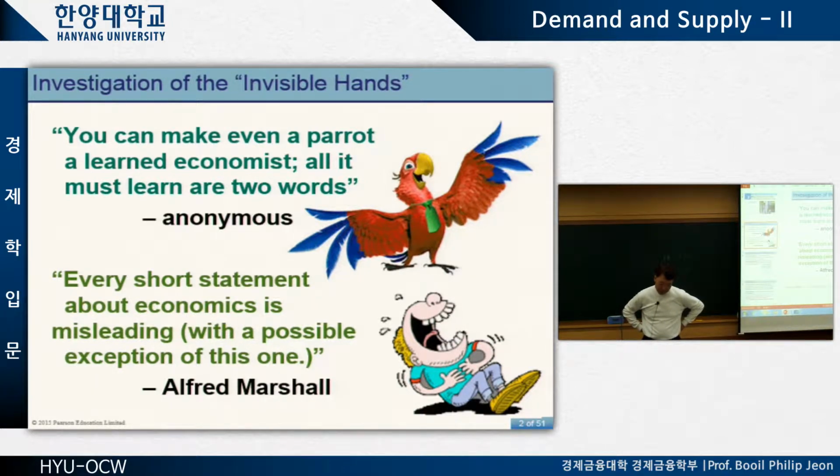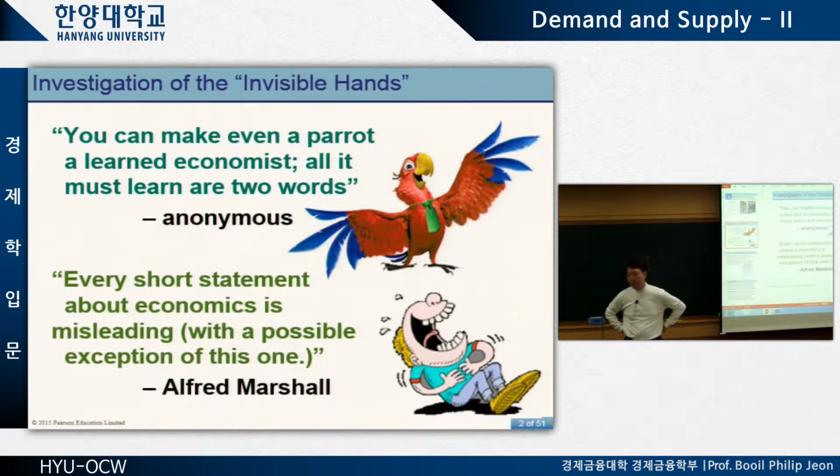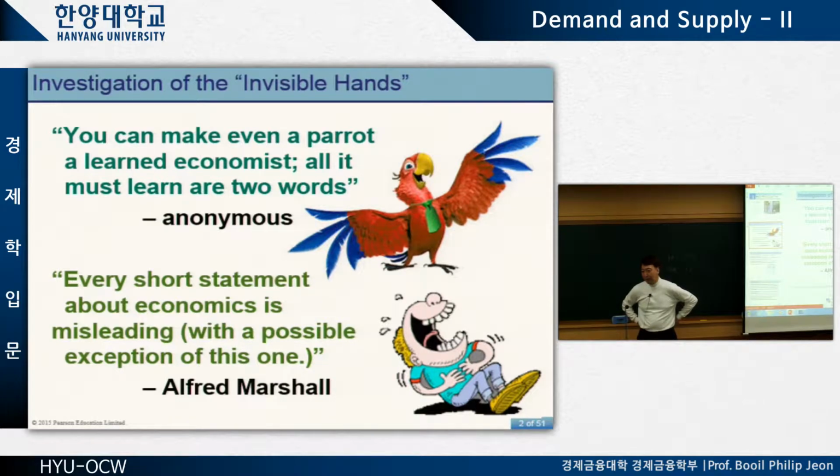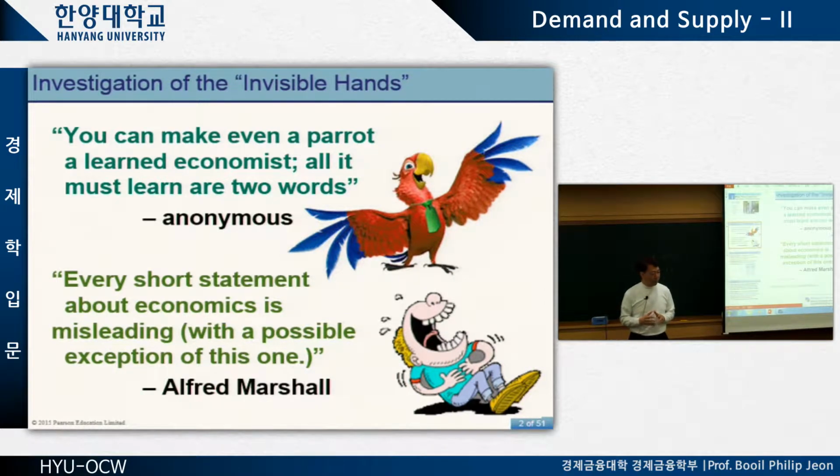Last class we talked about the Adam Smith book, Wealth of Nations. And in that book, Adam Smith said, contrary to what people believed at that time, people thought the wealth of nations could be measured by amount of gold and silver.